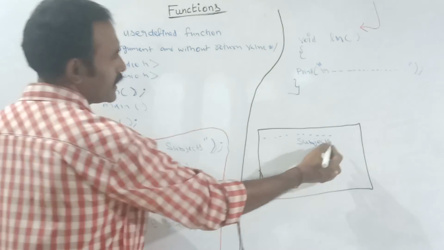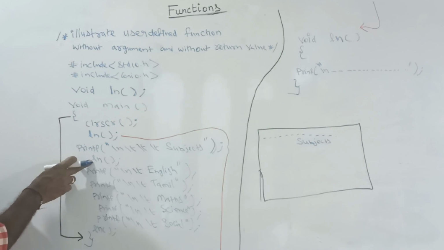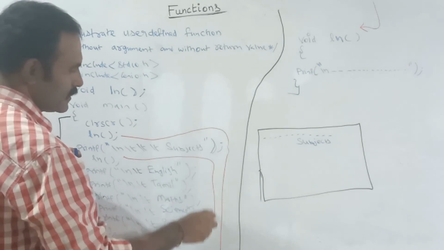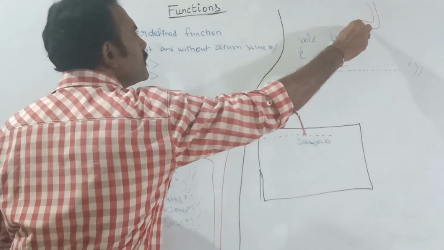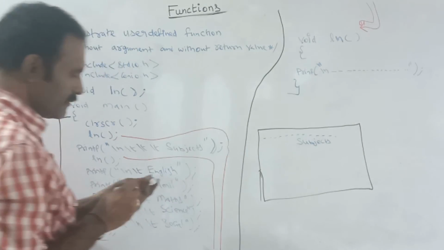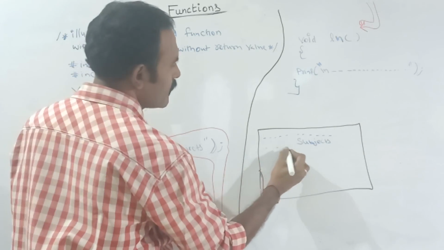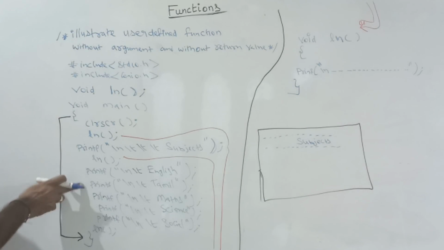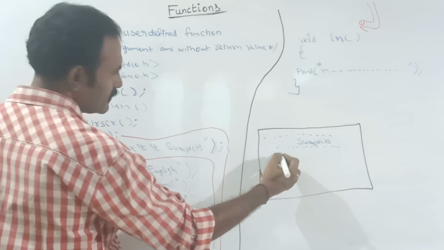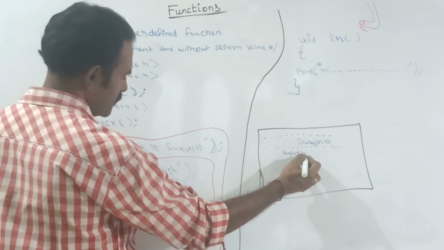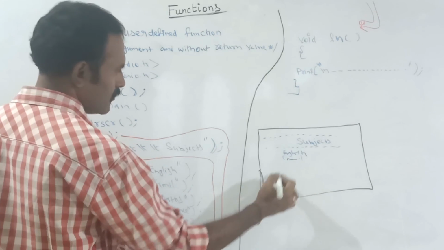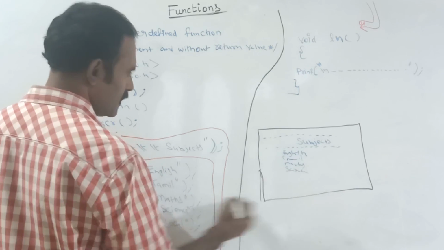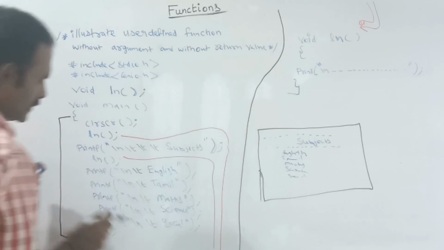and it will print the subjects. After that, again I am calling ln. So totally how many times? First time, and this is the second time it is called. At that time it will draw this dash again. After that, I am telling it to print the subject marks: English, Tamil, Maths, Science, then Social.